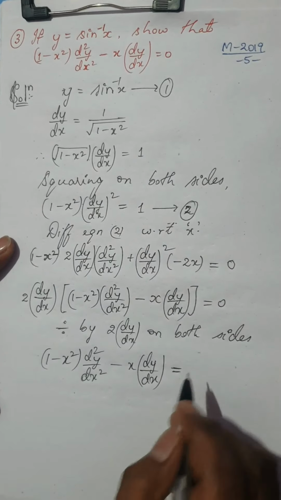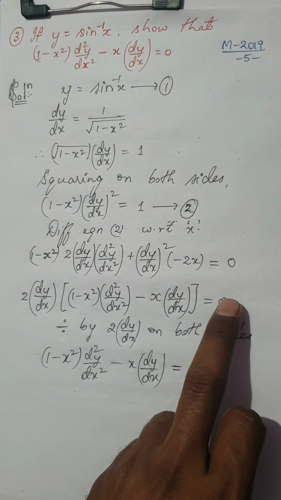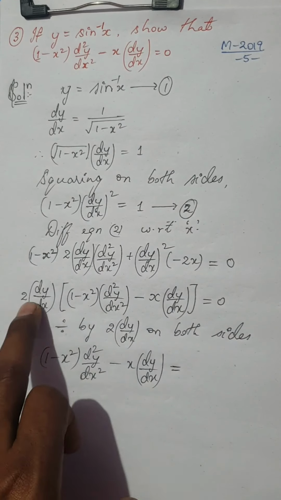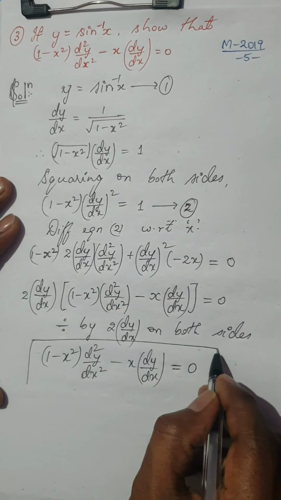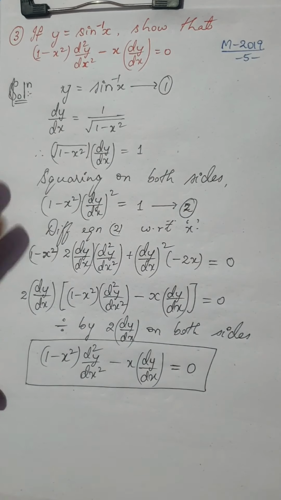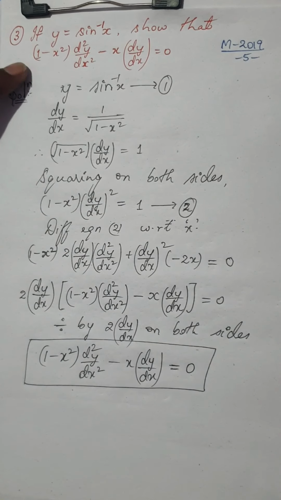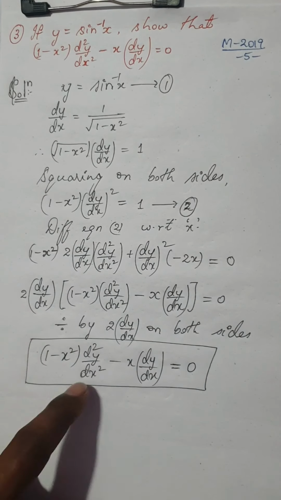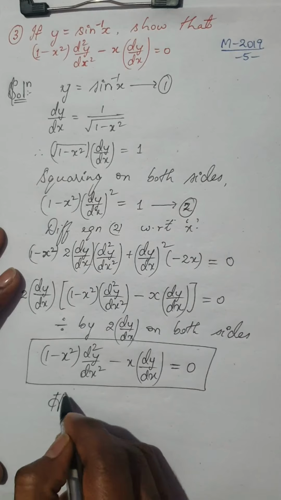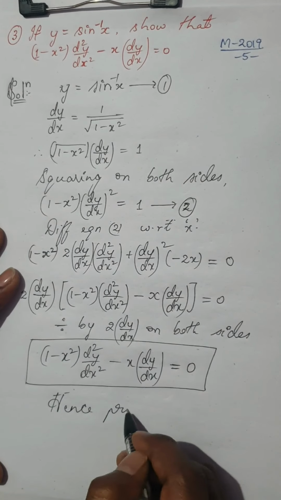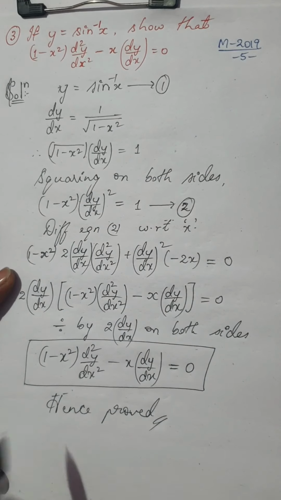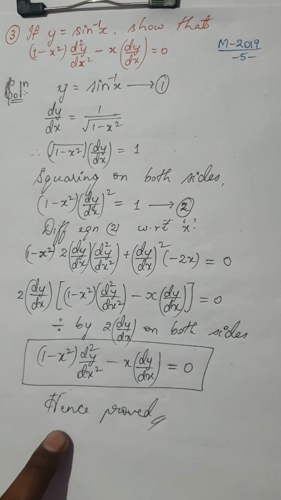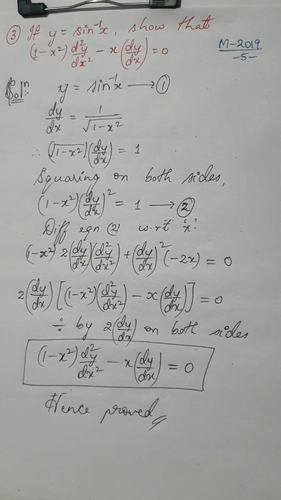This is equal to, now the right hand side is actually 0. If you divide 0 by any non-zero term, you are going to get 0. If you check it properly, this is the term which I had to prove. So I have already proved it, and you can just say hence proved. So this is the procedure of solving this question for 5 marks.